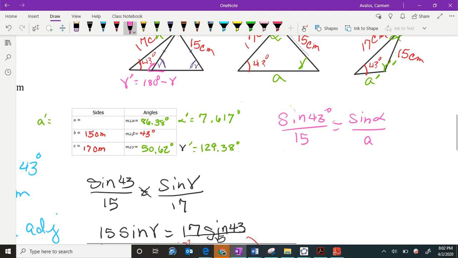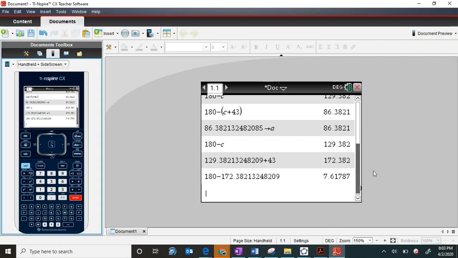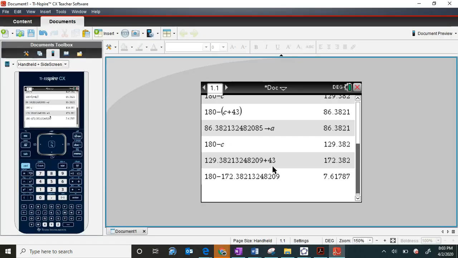So we do the cross multiplication and solve for A. A sine of 43 equals 15 sine of alpha. And so A is going to be 15 sine of alpha over sine of 43. Now I put that into my calculator with the alpha there.